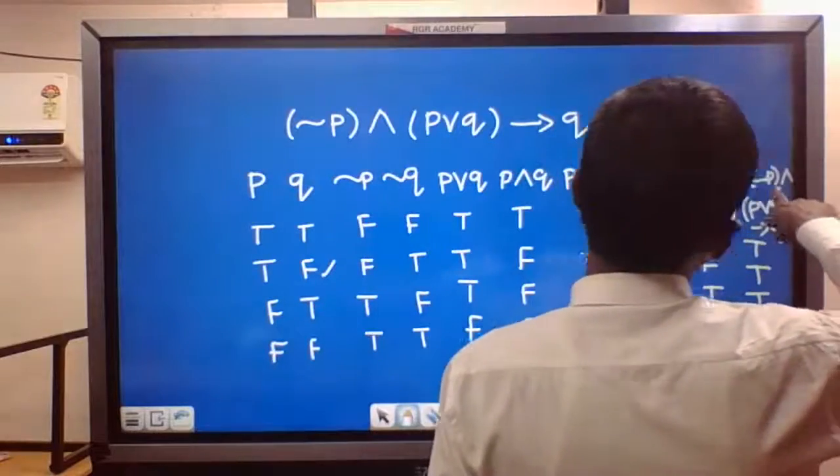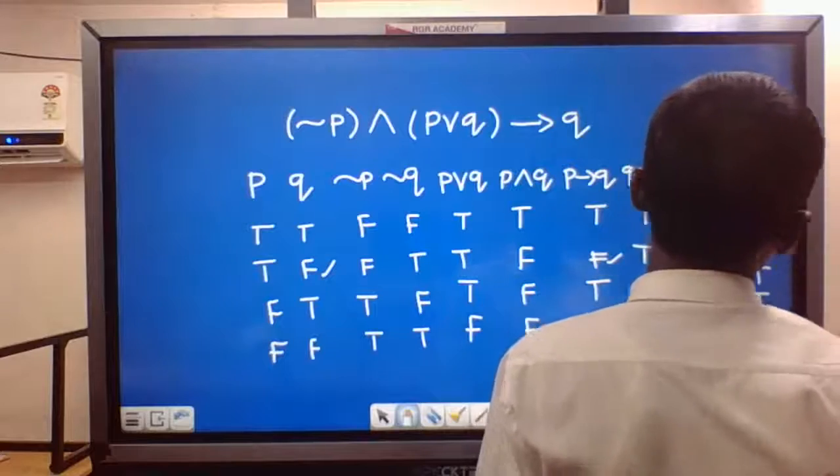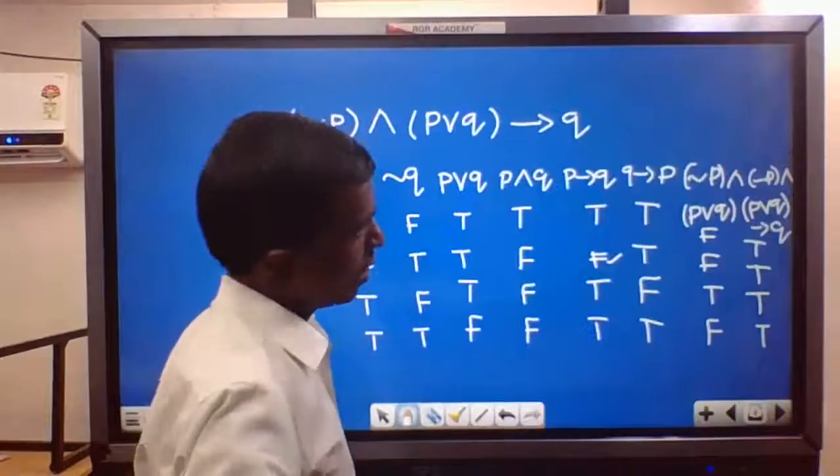Here, the negation of P. Next, the OR operation.